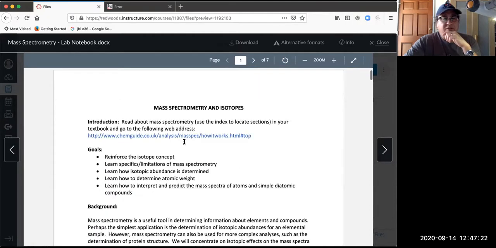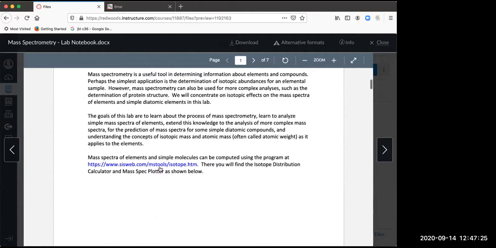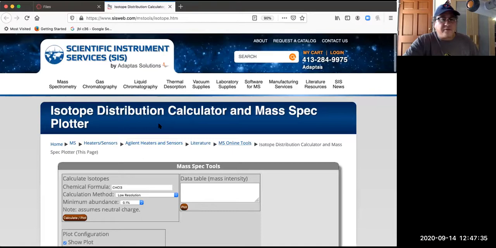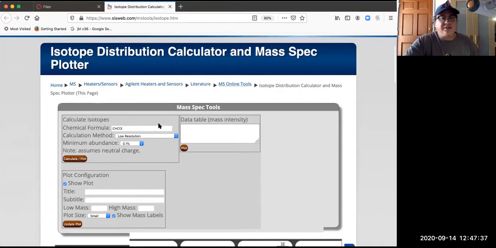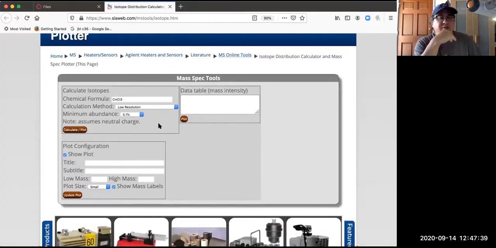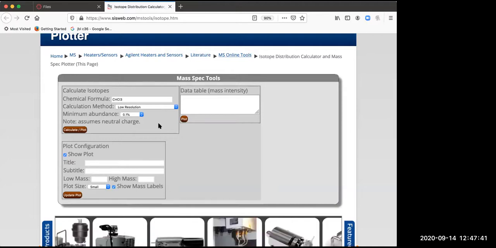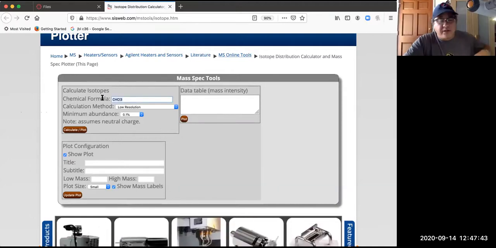Okay, so if we go to here, okay. Can you see what my screen looks like here, folks? Yes. So here, if we want to see what bromine looks like, we type in Br.